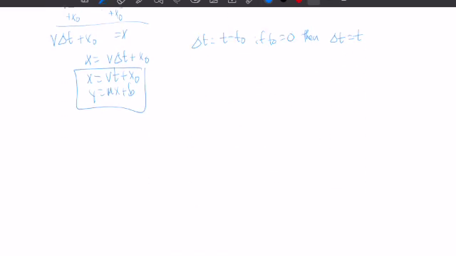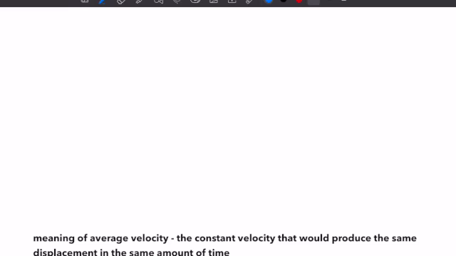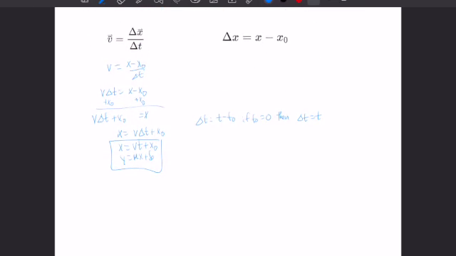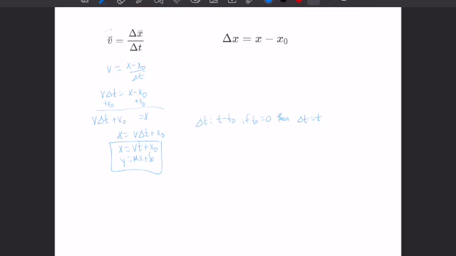Now just a reminder that the meaning of average velocity is it's the constant velocity that would produce the same displacement in the same amount of time. Notice this formula is for the average velocity over this interval of time, where we have the total change in position over the total time.